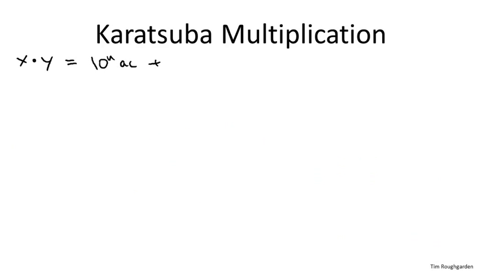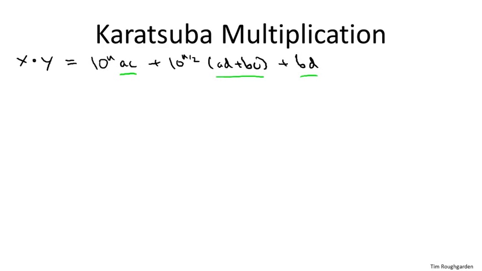So to explain this algorithm, let me write once again our expansion in terms of the n over 2 digit numbers. We have the product x times y, which we wrote as 10 to the n AC plus 10 to the n over 2 times (AD plus BC) plus BD. Now, the previous approach was, in recognition of the four products in this expression, we made four recursive calls.